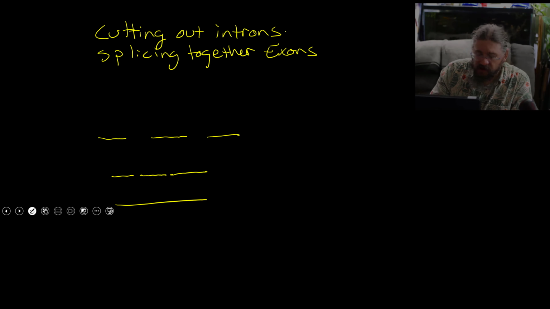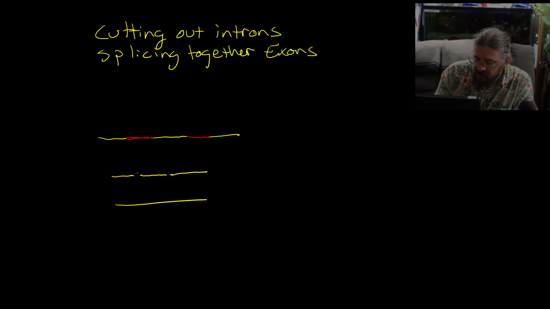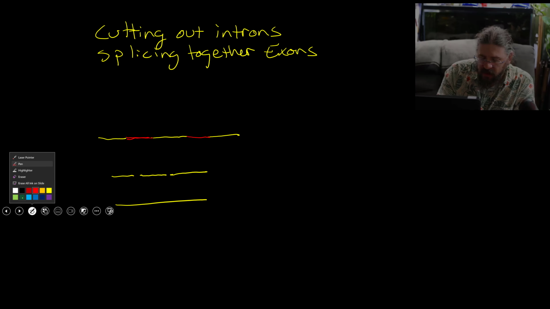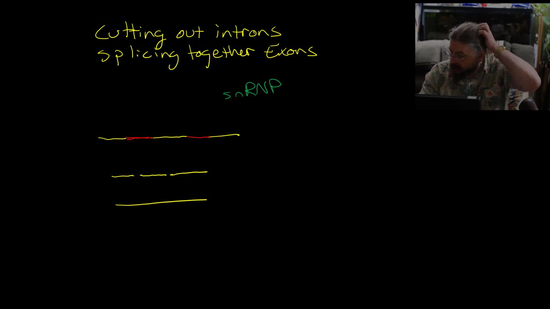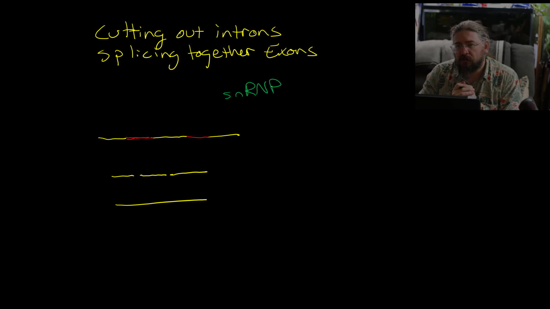And to do that, we're going to need the aid of an adorably named chemical. And this adorably named chemical is the snRNP. Now, remembering that is kind of annoying.